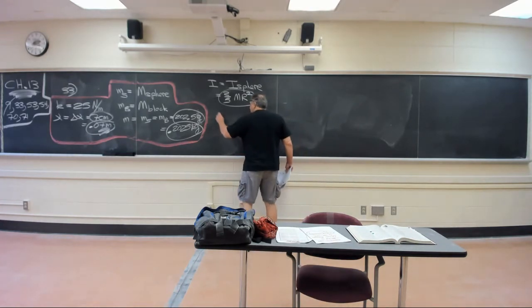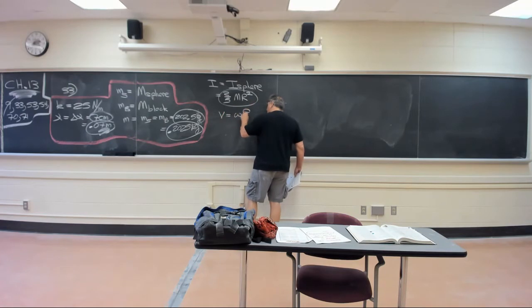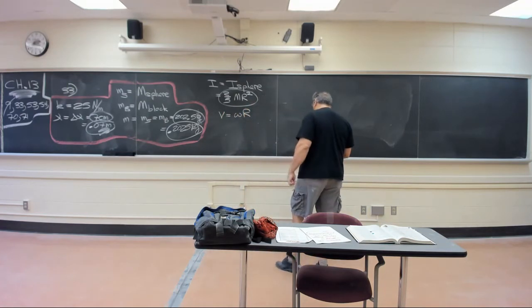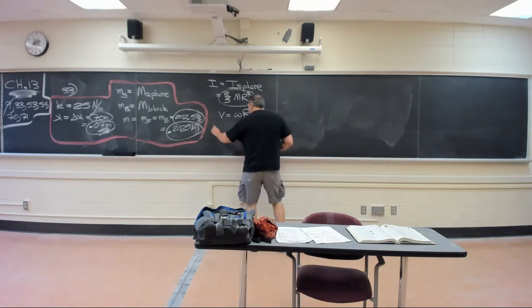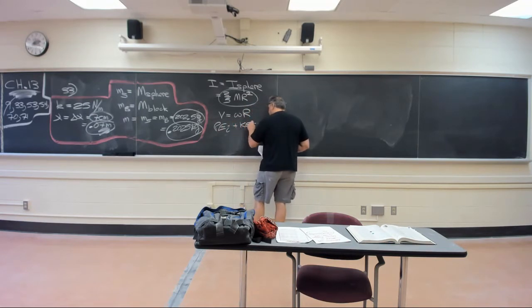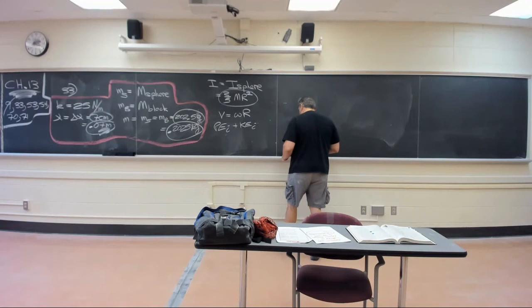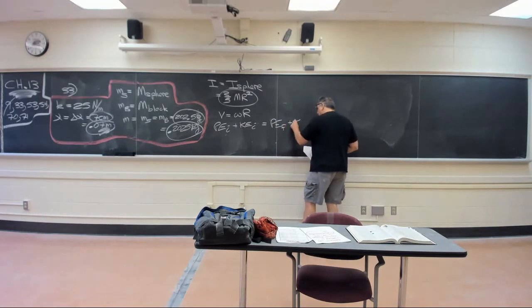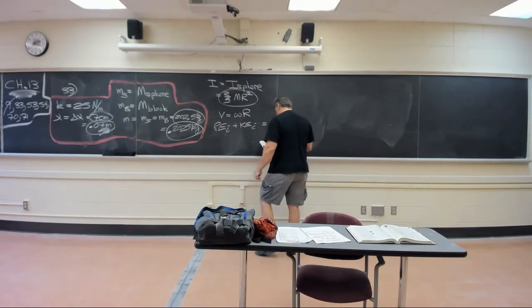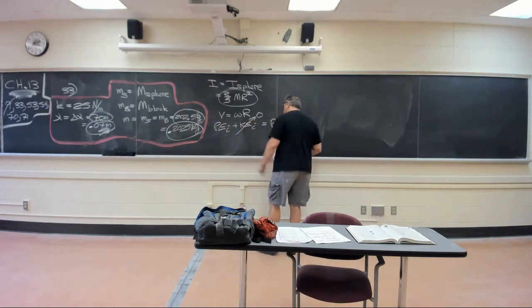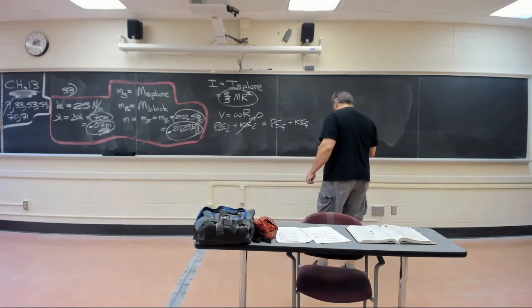We know that V is equal to omega times R, depending on how this thing's spinning. We are told it is spinning. We know that the initial potential energy of a system plus the kinetic energy initially will give you the final potential energy and kinetic energy summed together. Potential energy initial is 0.